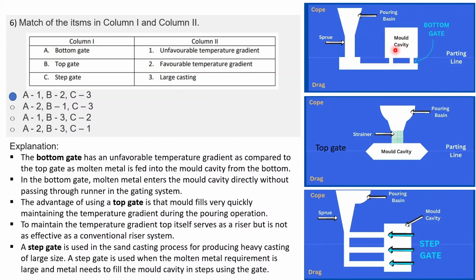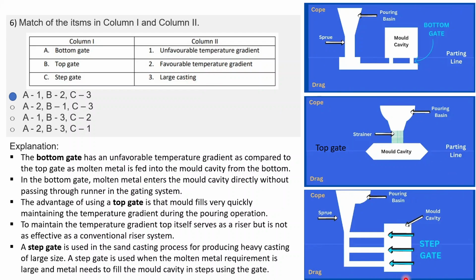So here you will be having unfavorable temperature gradient because your metal will start filling from the downwards. In the other case, your metal will start getting at the lower part, then it will start building up to this part. So here your pouring basin acts as a riser as well, so it has favorable temperature gradient.